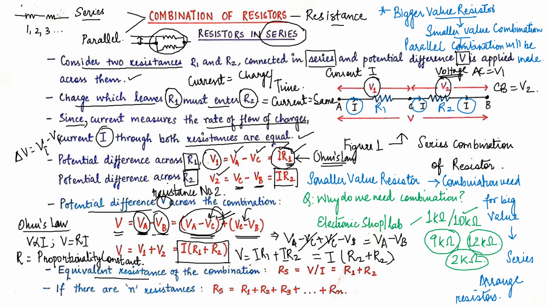Now the equivalent resistance of the combination, Rs, equals the equivalent potential divided by the equivalent current. I'll erase this so that I can explain.